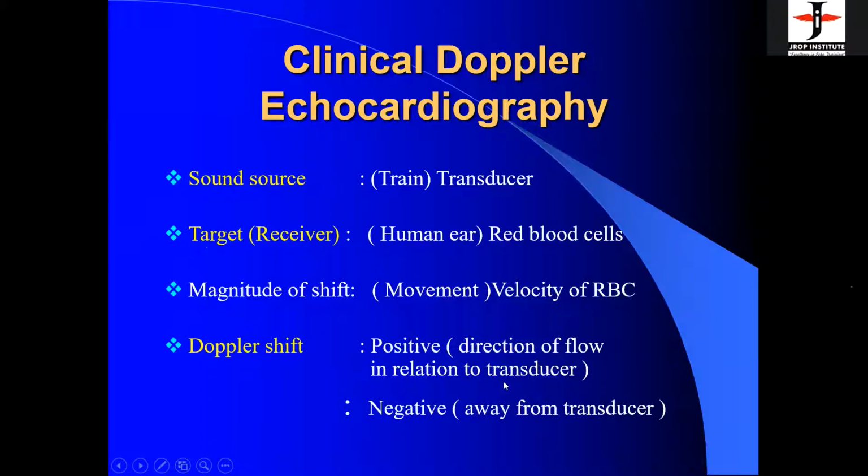Whichever view you take, that is parasternal long axis, short axis, suprasternal, the transducer is always pointing from above downwards, that is from the apex, it is always pointing downwards. So the basic principle of a Doppler shift is that once the blood is going towards the transducer, it is above the baseline. And when it is going away from the transducer, it is below the baseline. So we'll show you, then you'll understand better what is positive and negative.